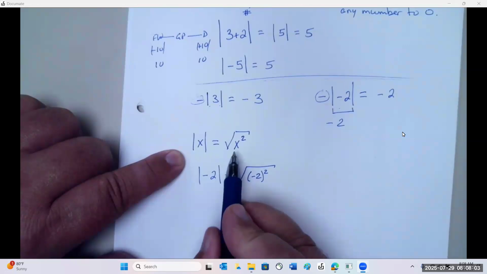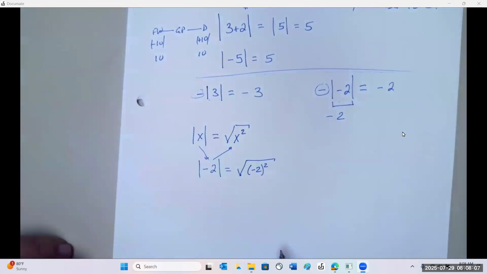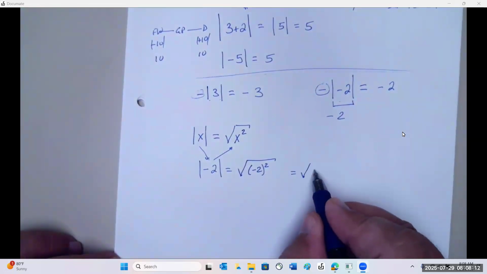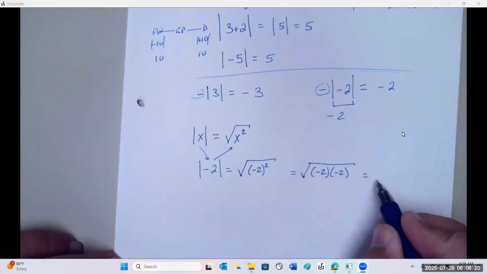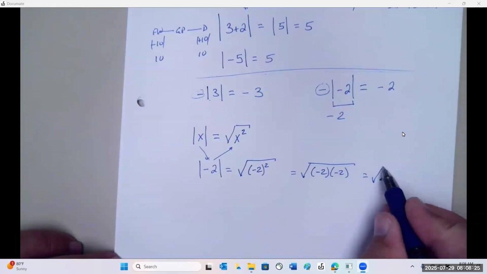In place of this equation, that's x. So I put that inside there. What is negative 2 squared? Negative 2 times negative 2, negative times negative is positive. 2 times 2 is 4.